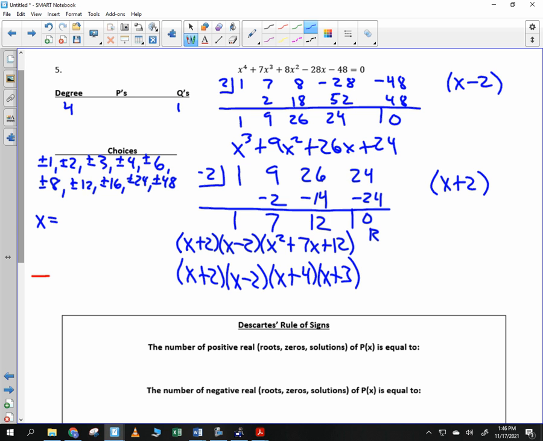So what are my solutions? Are those all part of my choices? They are. It's pretty nice, huh? If we wanted to graph that, could we?